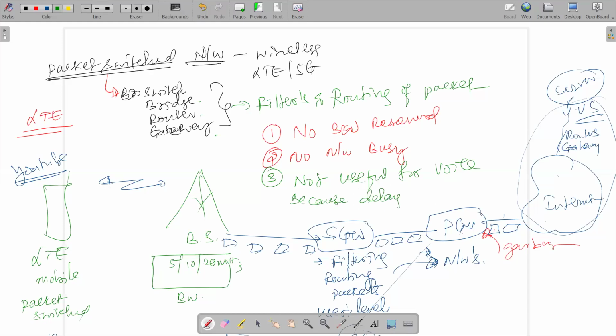Circuit switching definitely helps to transmit a voice call seamlessly, but the problem is it is bandwidth limited. Packet switching is not a band limited network. Abundant bandwidth is available, but the problem is it is not useful for voice.